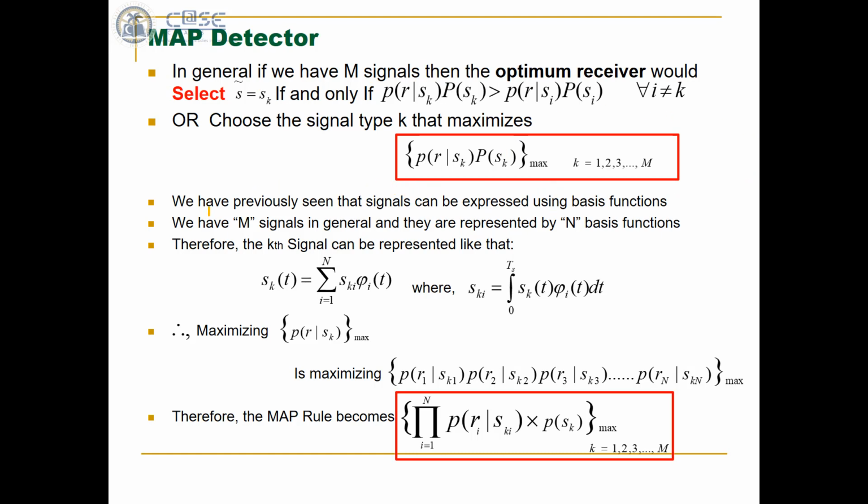We also have seen that we can represent our signals in terms of basis functions using GSO process, and the same maximization rule then turn into this form, which is nothing but the maximization of the product of marginal PDFs.